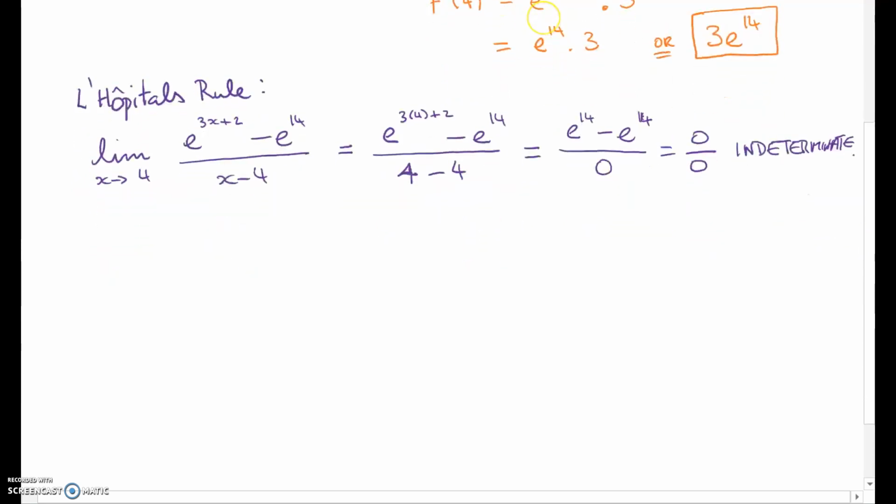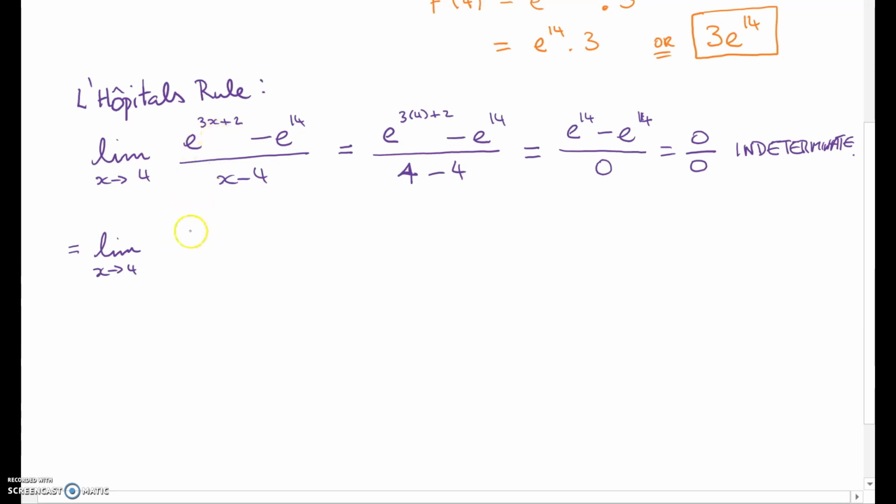It says that the limit of the original is equal to the limit as x approaches 4, the same target for x, but you can differentiate the top and bottom separately. It's important that you differentiate them separately. Don't go using the quotient rule here, not for L'Hopital's rule.